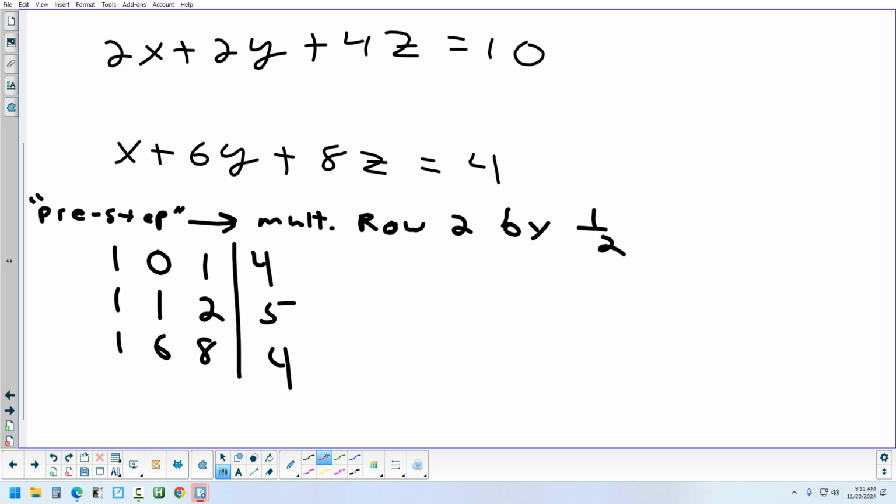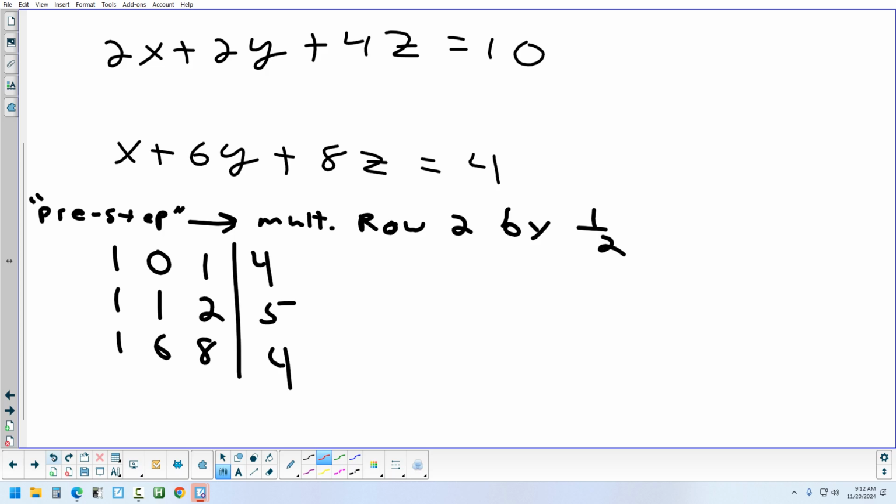Okay, so remember the goal. You are focusing on that stuff. We want to get 1 in the top left and then zeros below it. That's the first step. So another way to say that is we are trying to get rid of the x in equations 2 and 3. We are eliminating x in equations 2 and 3. And there's no choice about that. That's what you have to do in this method.